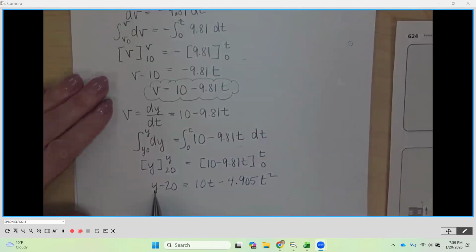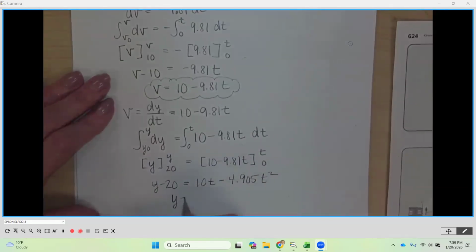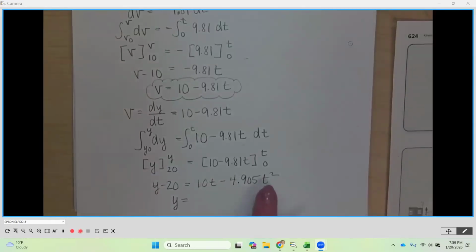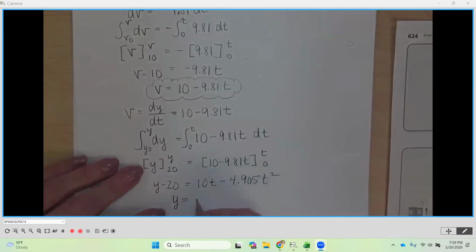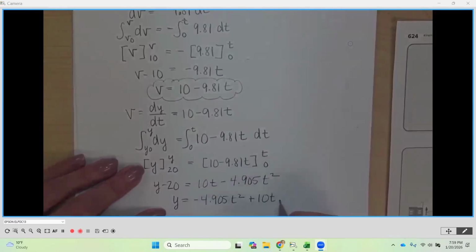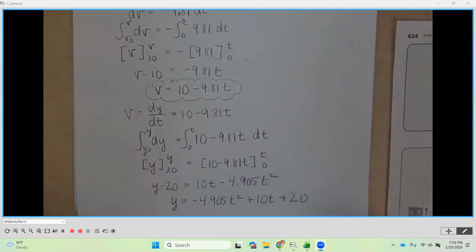Now solving for y, I'm going to take that 20 and put it on the other side. So y is equal to, now I'm going to put my square first, in the order of the quadratic form. So negative 4.905 t squared plus 10t plus 20.